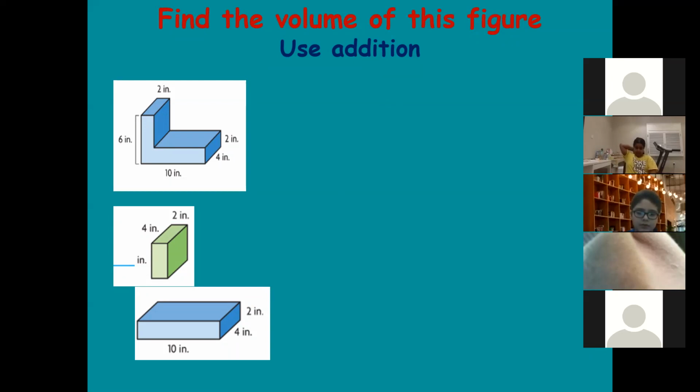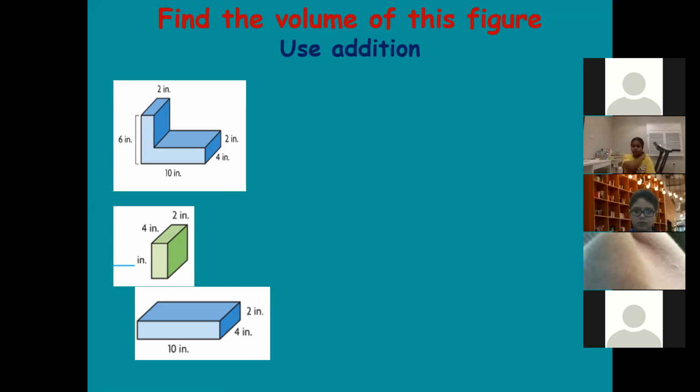I have colored the top one green and the bottom one blue. You will find the volume of the green one separately, the blue one separately, and then add them up to find the combined volume of the figure.